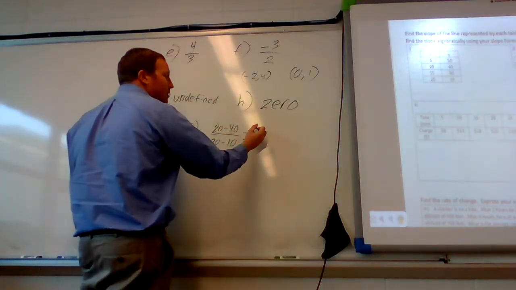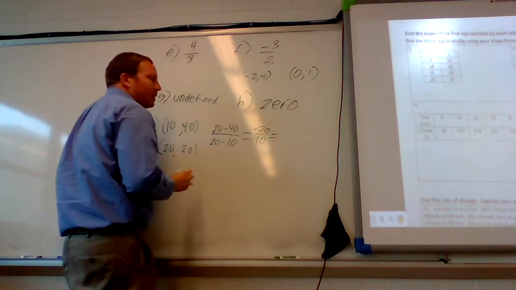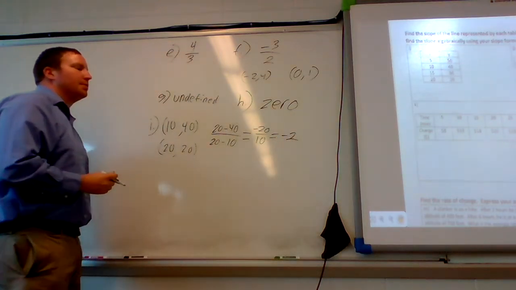Simplify that down, we're going to get negative 20 over 10. So that can simplify down to negative 2.